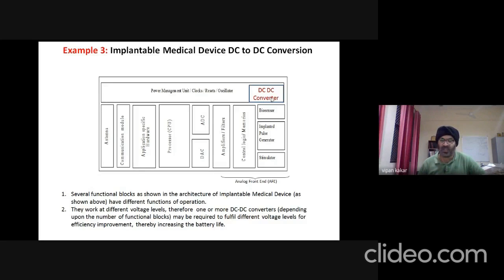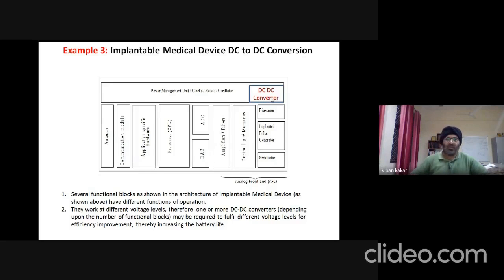So if the controller sends the signal that the voltage should be scaled up, then this DC to DC converter will increase the turn on time of the M1 transistor, as we saw in the previous slide. And if the controller sends the signal to scale down the voltage, then the DC to DC converter will make the turn on time of M2 longer.